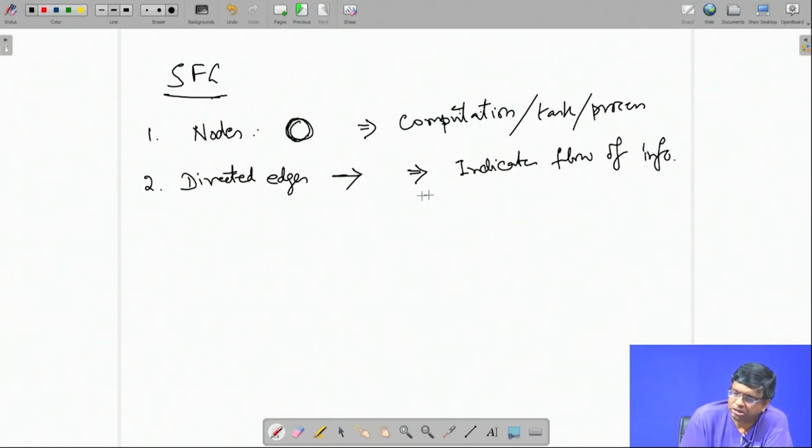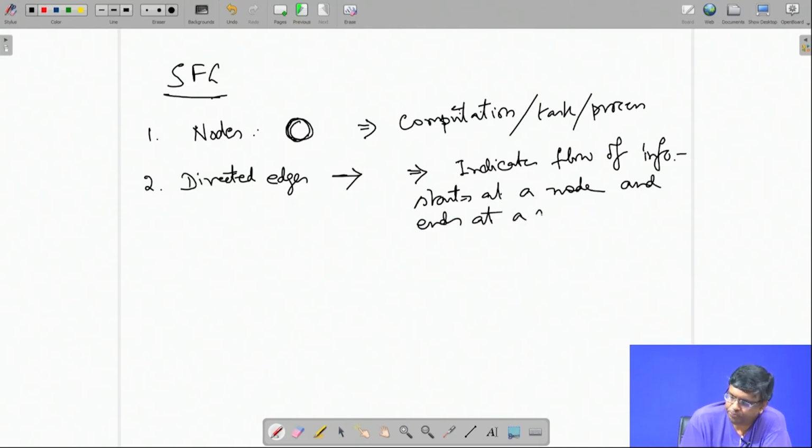It starts at a node, and ends at a node, like this.